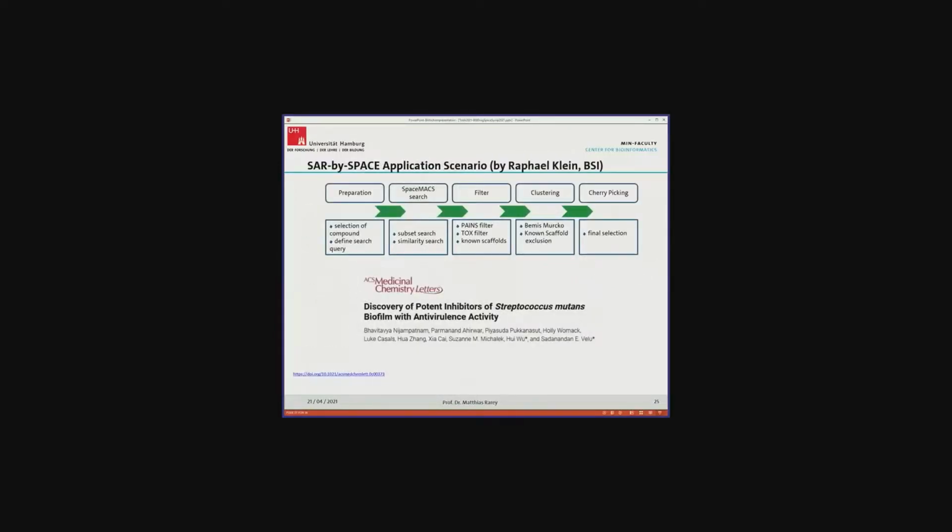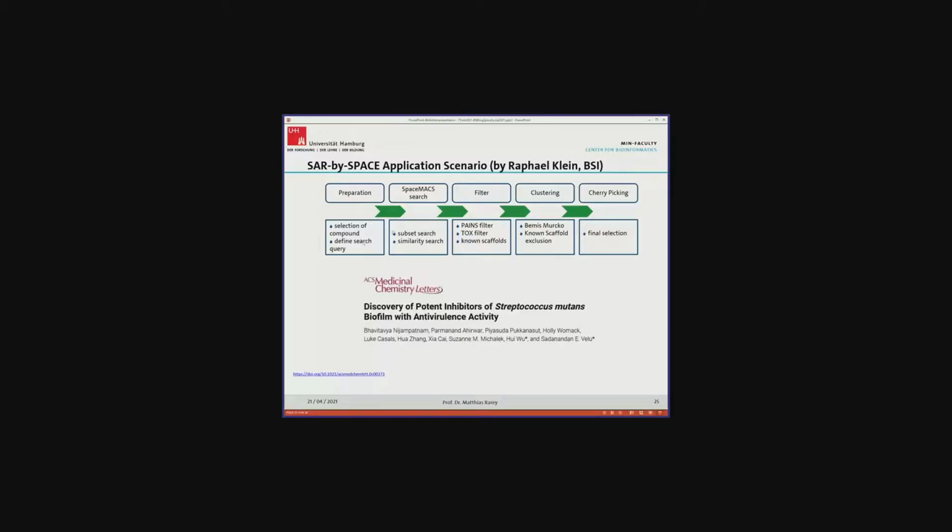So here's an example, and this was done by Raphael from BioSolveIT. We gave him the tool and asked him to try what he can do with it, and he has done a study and shared the slides with me.